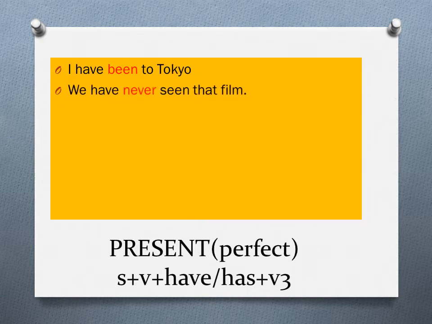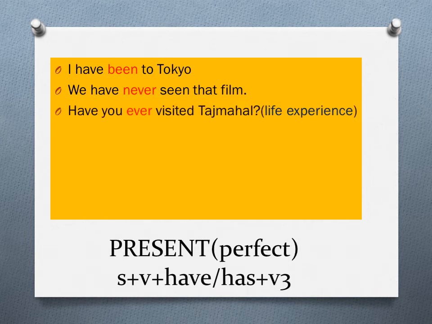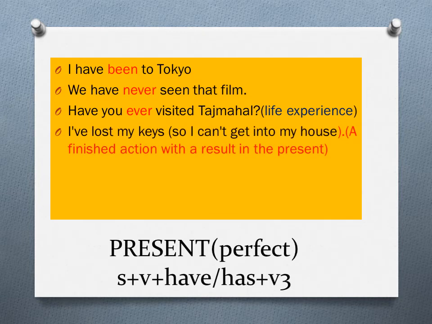We have never seen that film. Have you ever visited the Taj Mahal? These are all life experiences. In life experiences, using ever, never, been, we make use of present perfect.